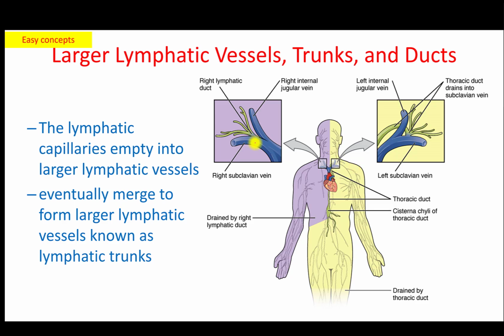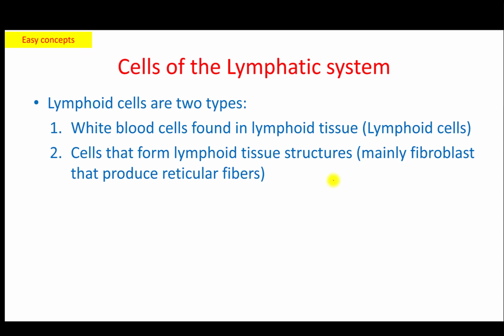It will open to the right subclavian and left subclavian veins. So all of this fluid coming from most of the body technically will go to the left, and part of it will go to the right. But eventually it will get into the superior vena cava, and then it will get mixed with the blood and redistributed again.